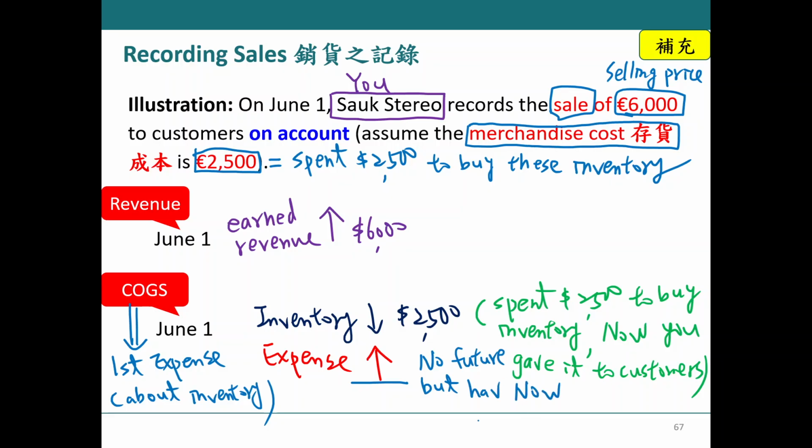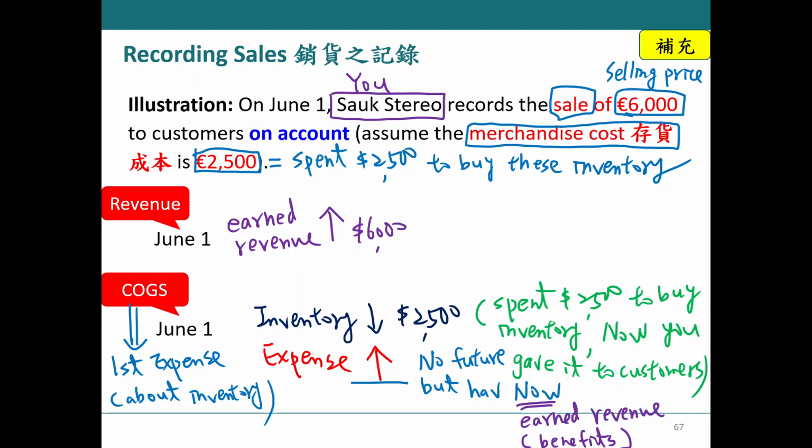没有未来，但有现在。So what does it mean now? Now you earned revenue. So you have a benefit now. 没有未来，但有现在。Okay, so how do you define whether that's your asset or your expense? You did something, and that kind of thing can help you in the future. That's assets. They cannot help you in the future, but they can help you now. That's your expense.